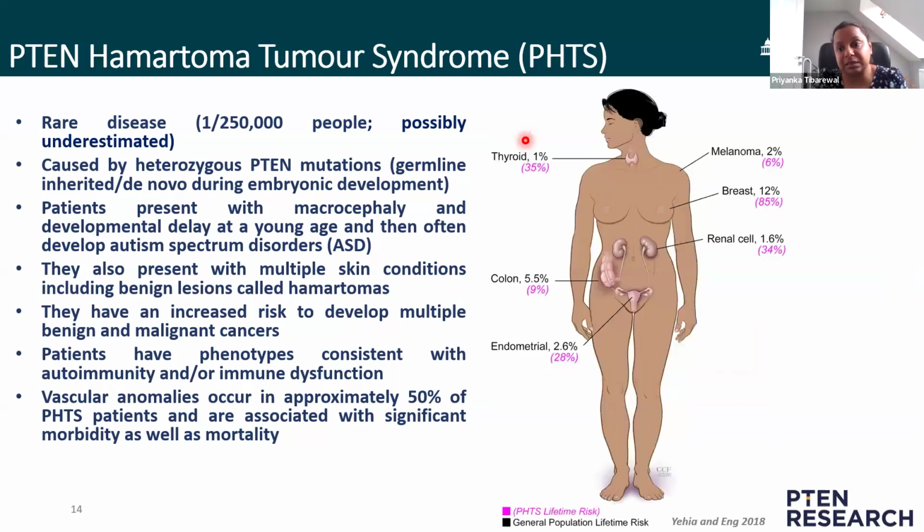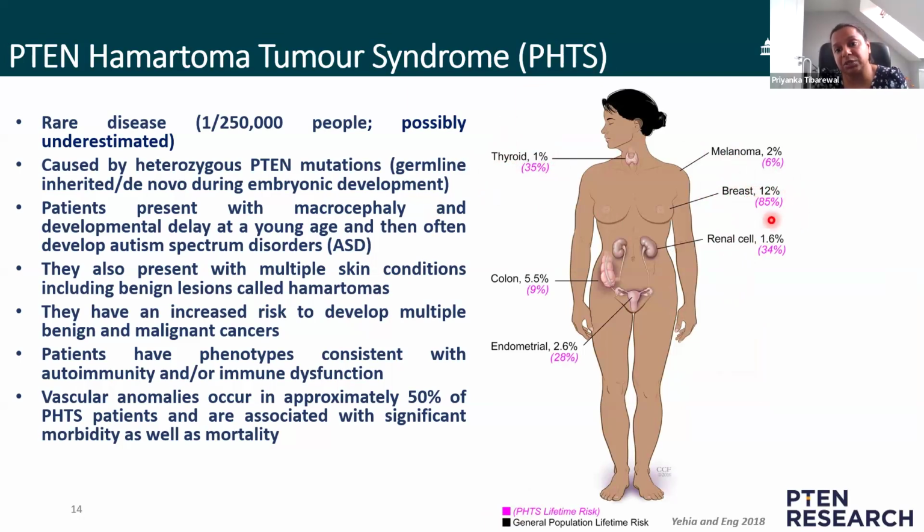And we know that there's an increased risk of certain types of cancers in PHTS patients. This diagram just shows you what the increased risk is. In black is the risk of the cancers in the general population. So breast cancer, for example, we say 1 in 8 of us is going to get breast cancer in our lifetime. Obviously, this is women only.